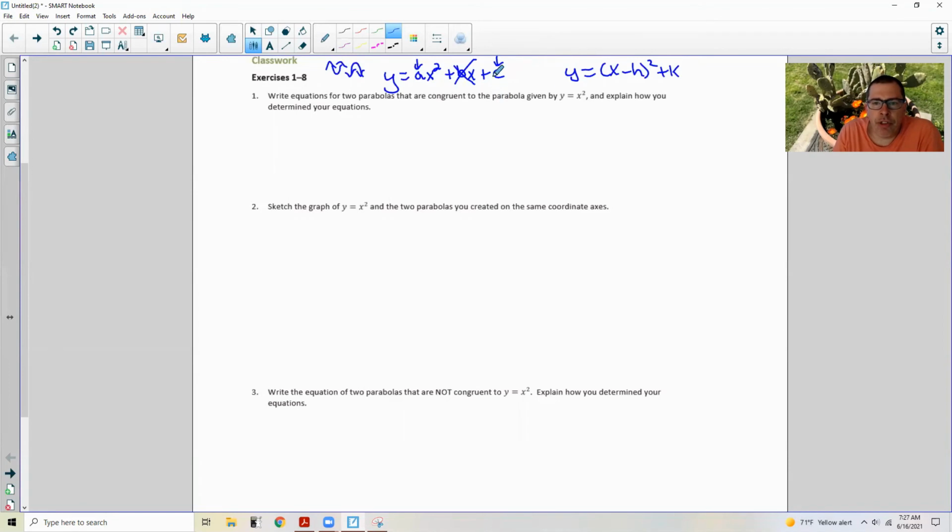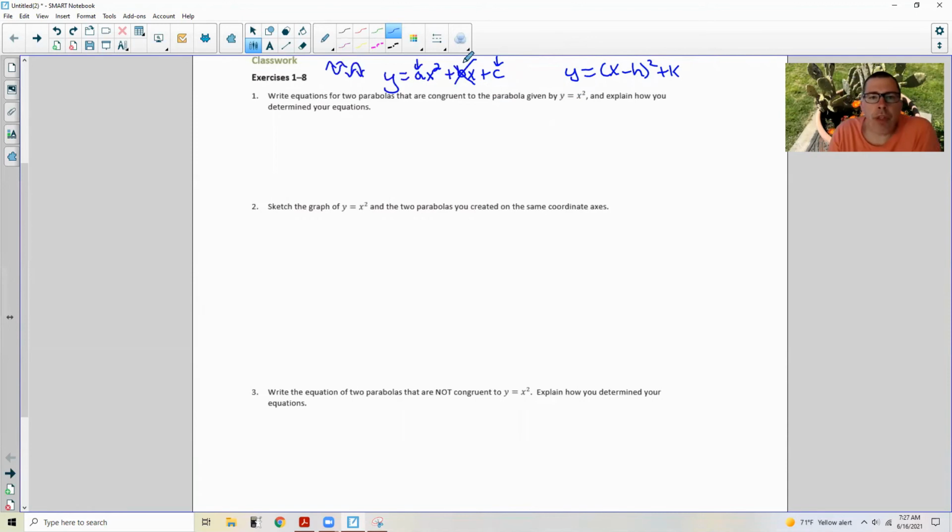So if I just add a constant onto the end, that's a vertical shift. If I change what's in the parentheses here and it's positive, it's going to move it left. If it's negative, it's going to move it right. So that's a horizontal shift. If you change both, it's a vertical and horizontal shift.